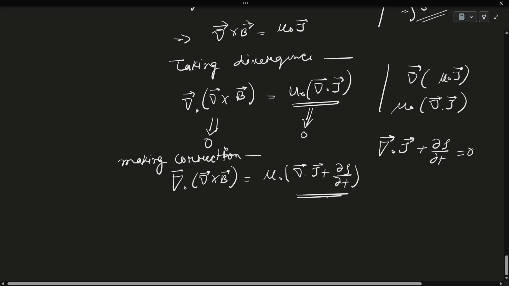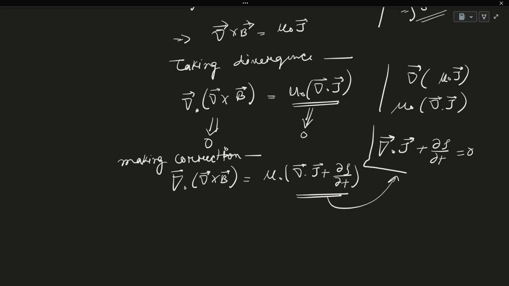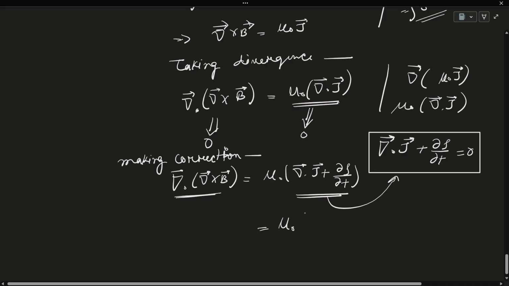Now this term is from the equation of continuity, and it is 0. And this is also 0. So now I can write it as mu naught del of J.